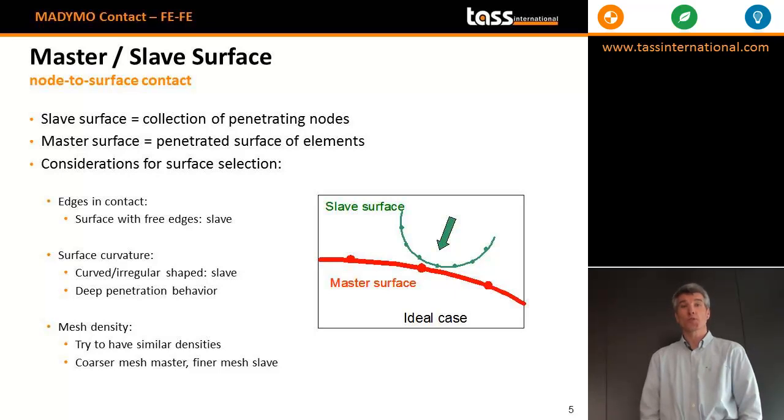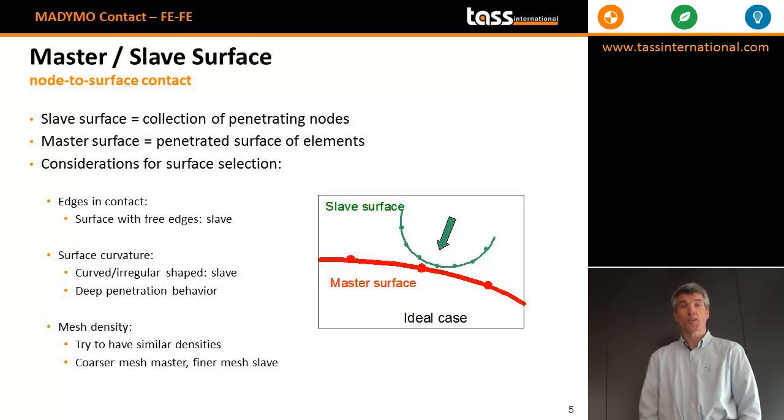The master surface are the elements which generate the surface. Here you see the ideal situation. You have a smooth, or let's say less curved master surface, and the slave surface is most curved. The density of the mesh of the slave surface is finer than the master. In the next slides we will explain why this is the ideal case.